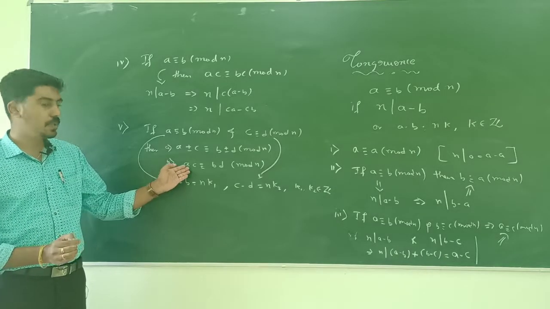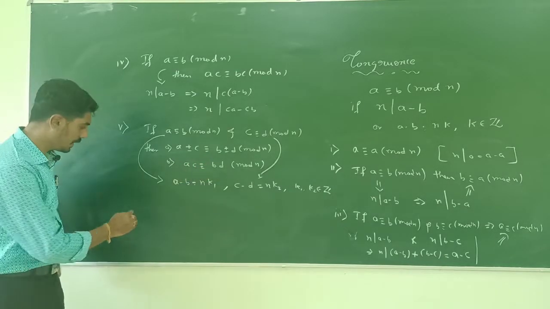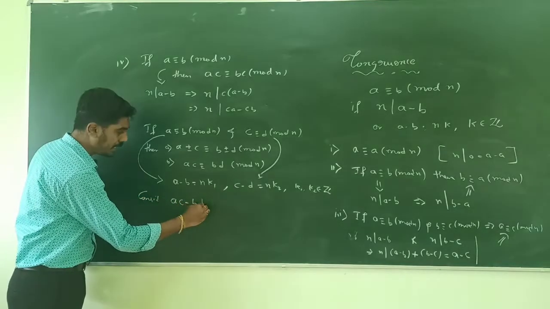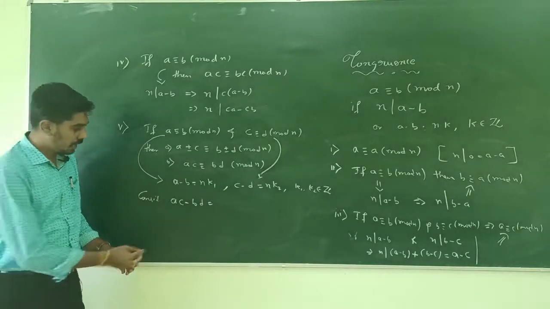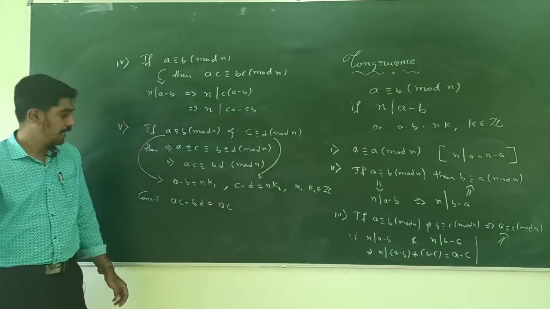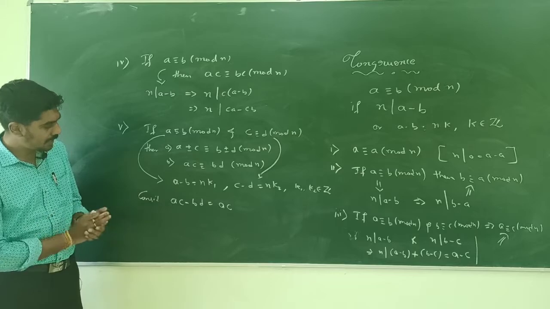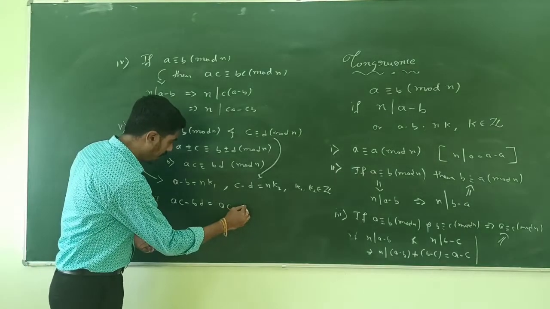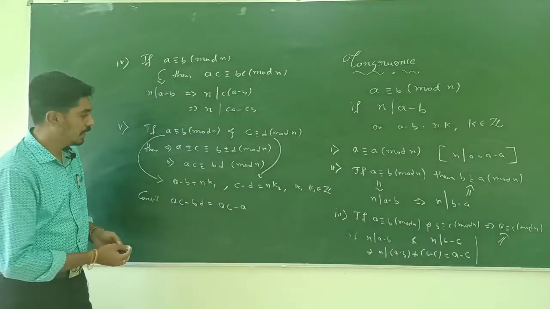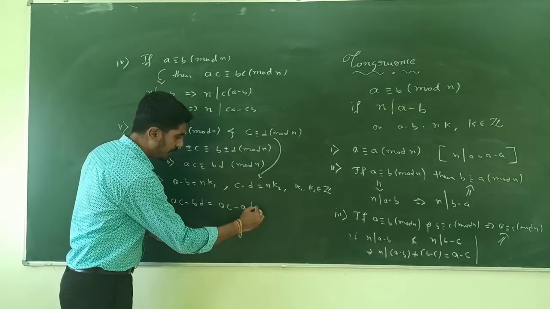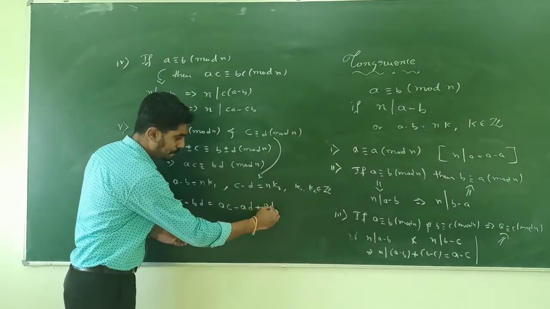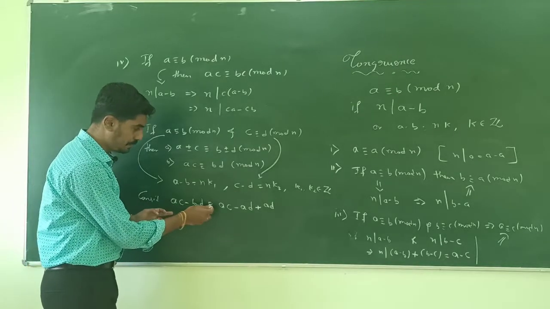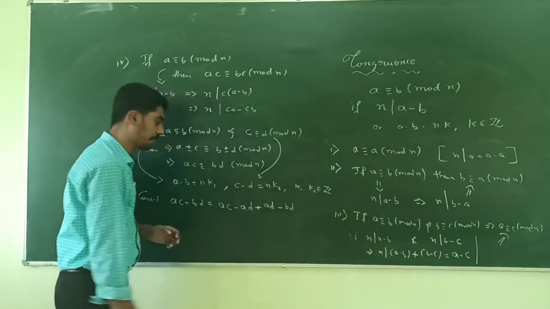To prove that AC is congruent to BD modulo n, we consider AC minus BD. To AC, I add and subtract AD. I subtract AD and I add AD to this term minus BD.